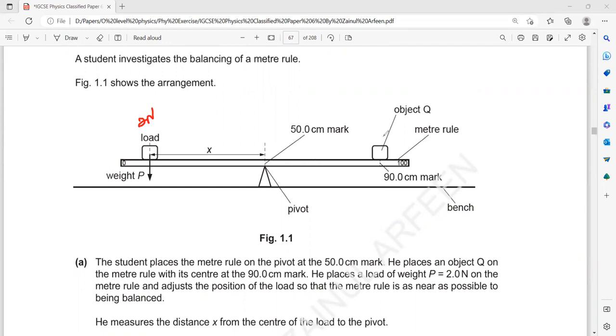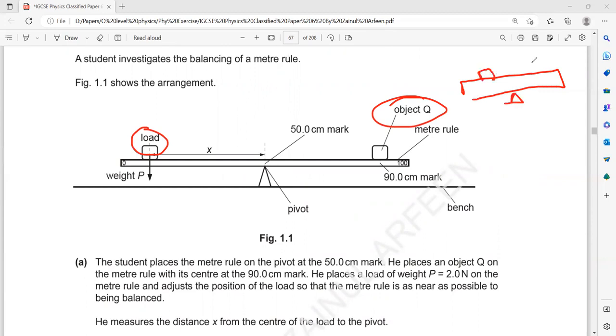The previous question 3 was question 4. So here we have load Q, we know load Q and we know load P. So we just estimate. First time, we place both loads at the same distance, and we find where it will topple. Like for example, if it moves clockwise, it means load Q is more. If we place equal distance and it moves anti-clockwise, it means load P is more.